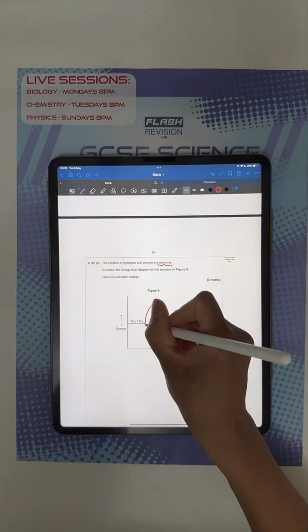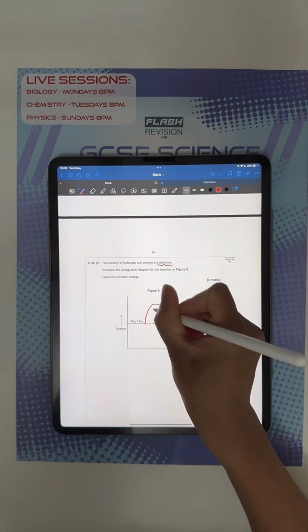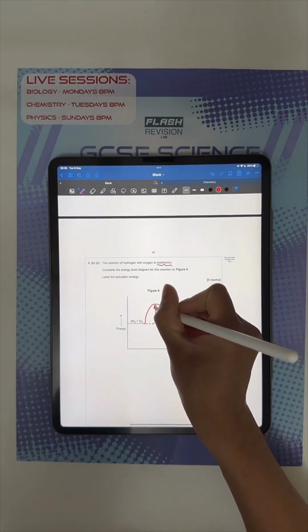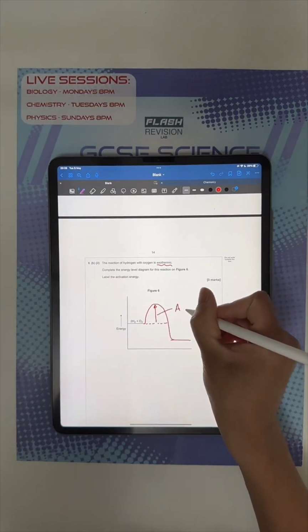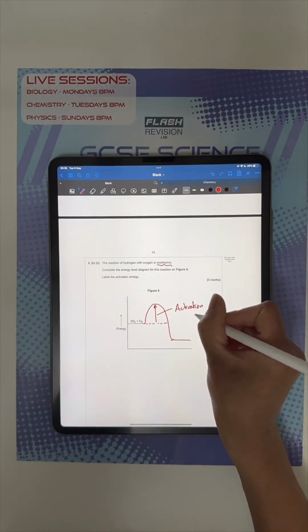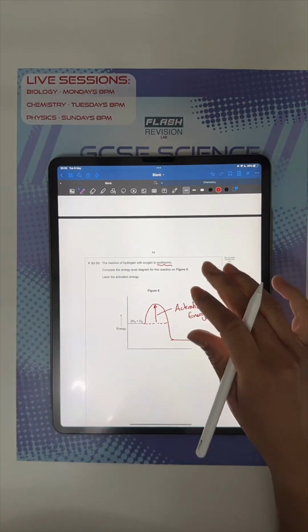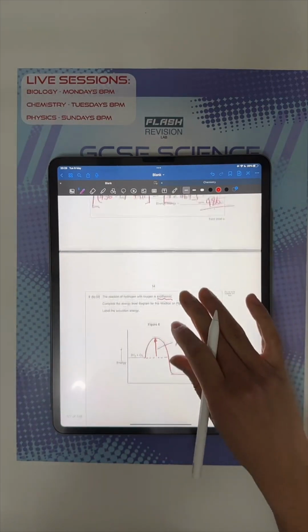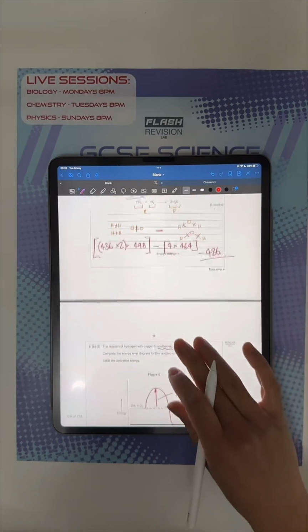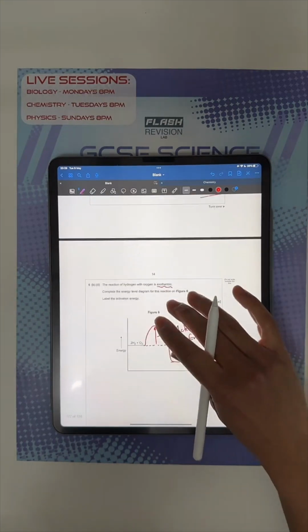And then we need to label our activation energy here. And our energy change is minus 486.